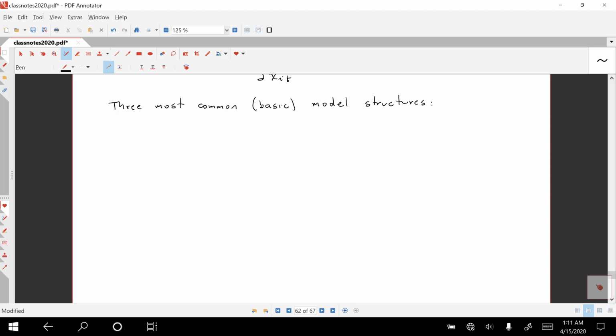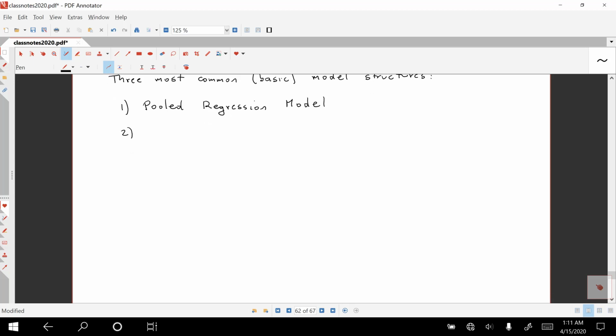The first one is what's called the pooled regression model. The second is what's called the fixed effects model.